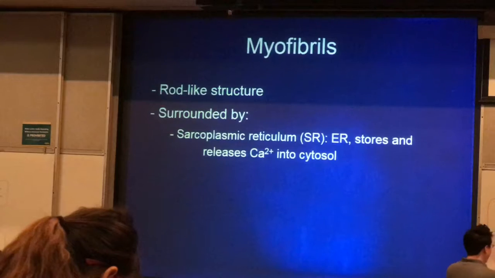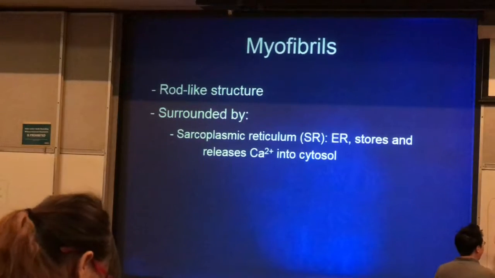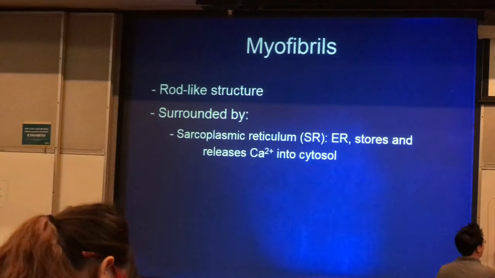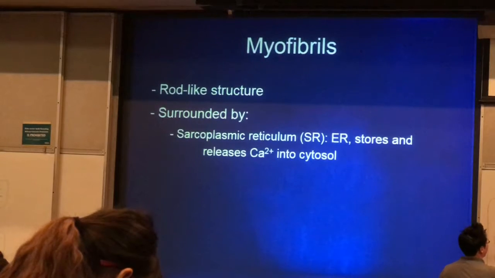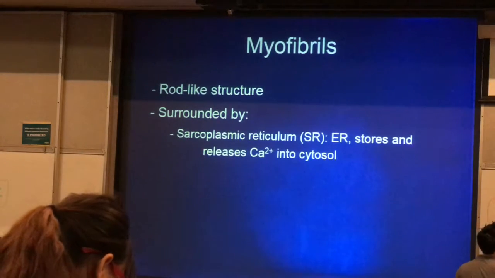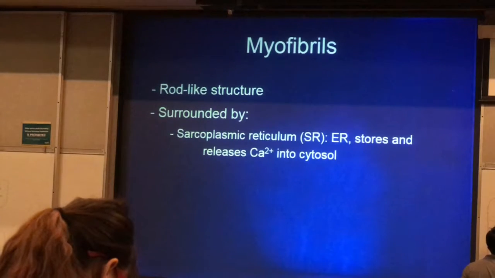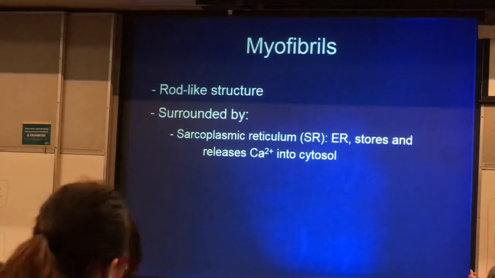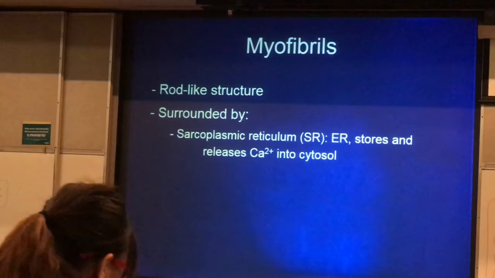So here's your myofibrils, and they are going to have a bunch of this green, I'm going to draw this green. This is all going to be endoplasmic reticulum, but it's really called sarcoplasmic reticulum. Wrapped around here.